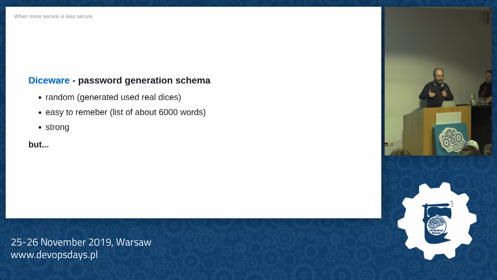There is a list of words, and this schema is very secure because the password is very, very long, but it's easy to remember because these are dictionary words. It's very strong and everything is okay.